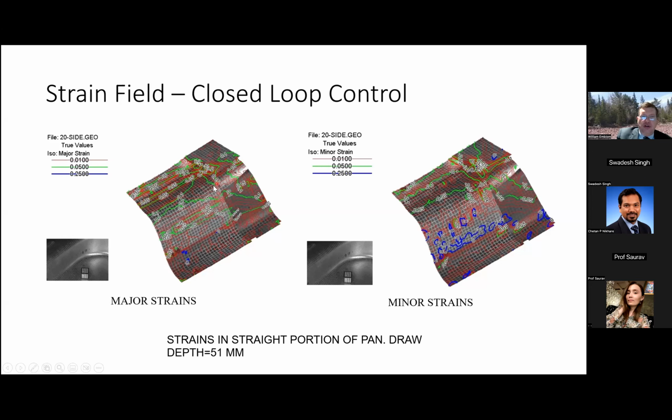And so right around here is the end of the draw bead. We can see once we get past the end of the draw bead, we go from uniform and parallel strains to interesting geometries of the strains for the major and the minor strains. And so it was time for us to take a look at what's going on in the die ends.